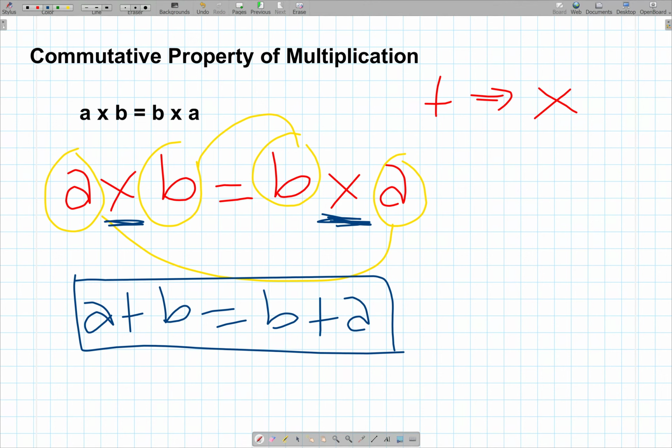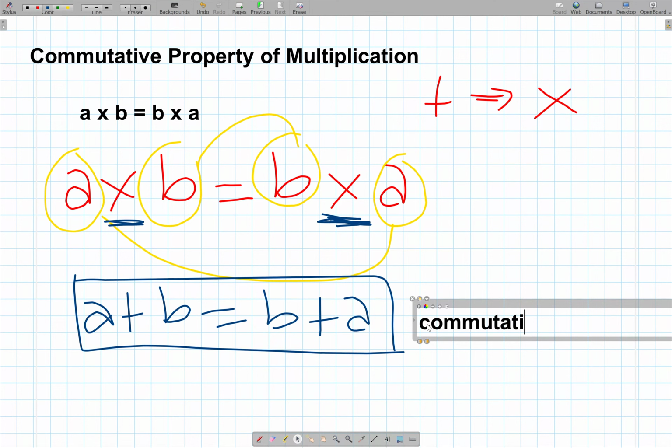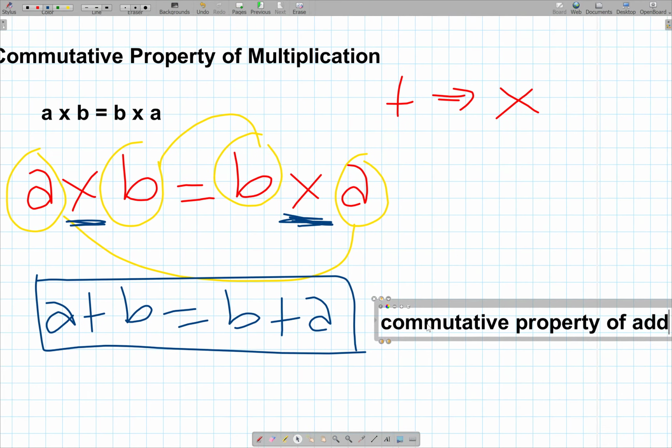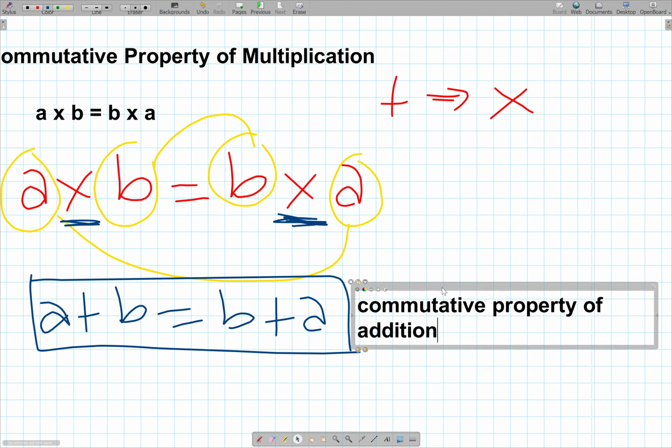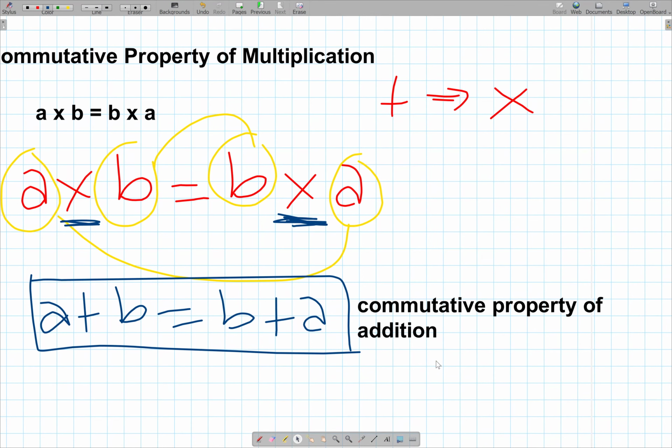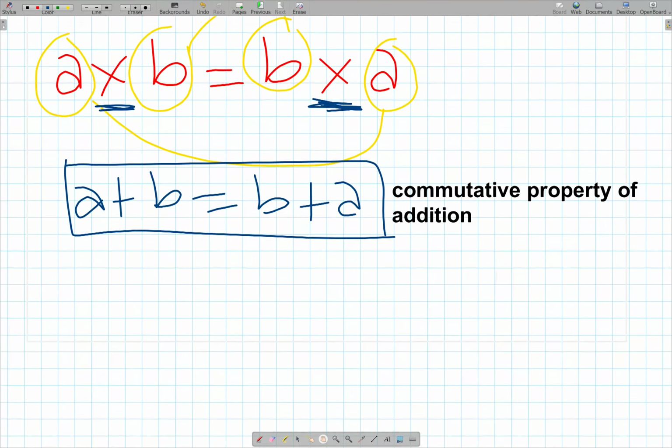Okay, commutative property of addition. Lagyan natin, no? Ang tawag dito ay commutative property of addition. Okay, yan, no? So, next is, pag naging times siya, no?